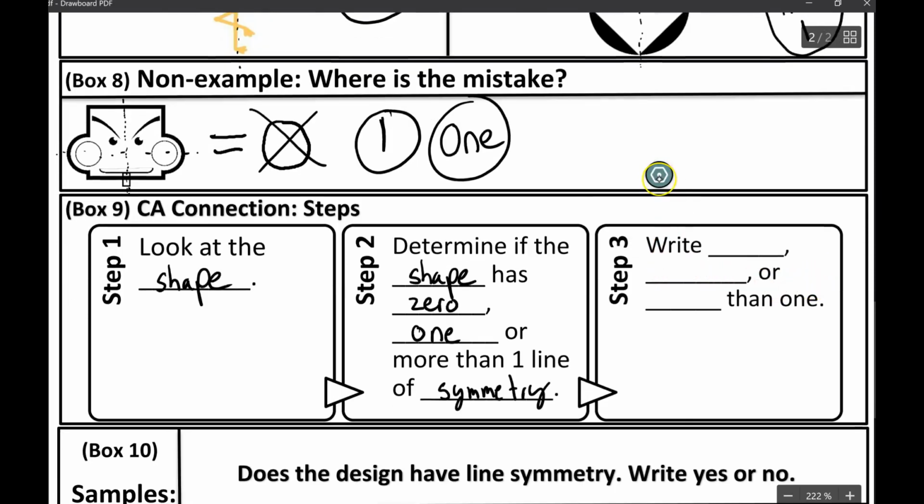Going into step 3, we are going to write 0, obviously. I'll put a little 0 right there for us, just to remind us. 0, 1, or more than 1. More than 1.